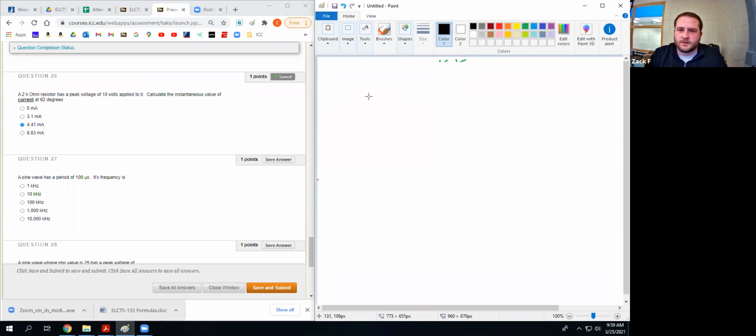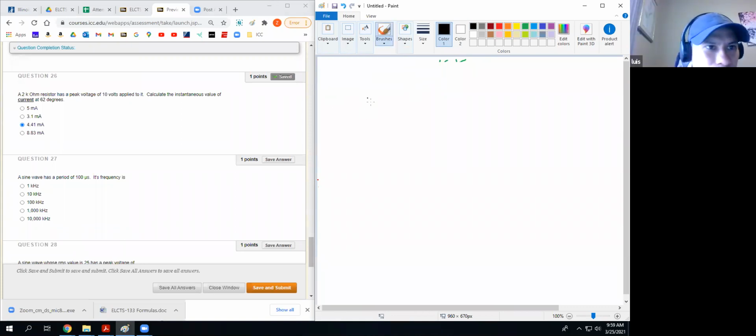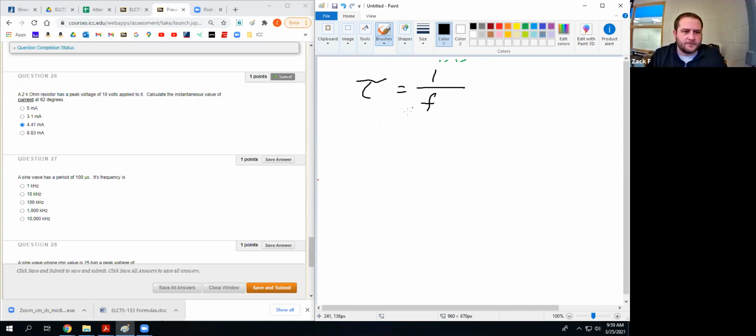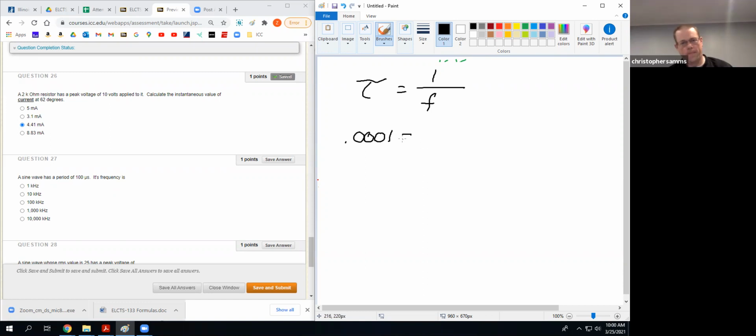In this case, we're given a period. So 100 microseconds. I always write it all out. You don't have to do it this way, but 100 microseconds would be 0.0001, or 1 over the frequency.